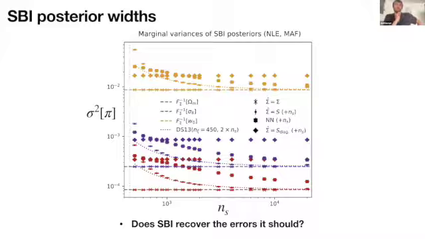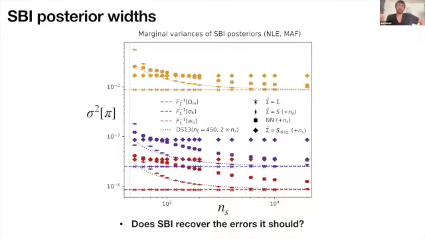So this is nice. Next, if you look at this dotted curved line, this is the posterior width predicted by the Dodelson-Schneider effect. If you don't know your data covariance, this is how much information you lose relative to the dashed line representing the true posterior. And then you can barely see them, but there are these dots curving down towards this dotted line as the number of simulations increases.